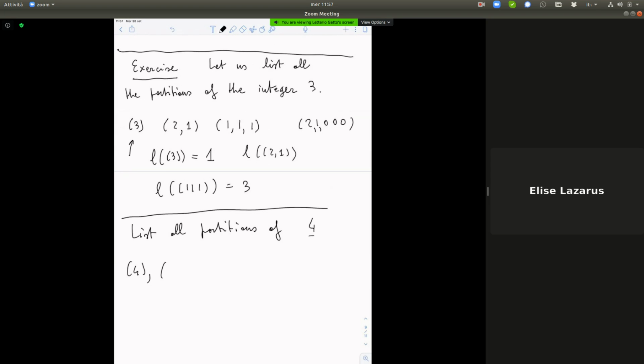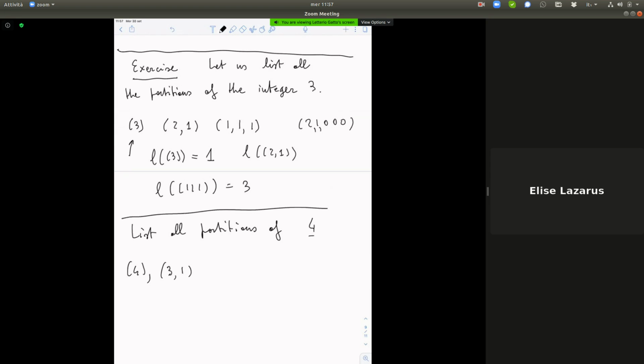We can do that, but if we don't use some rule to organize the data, we may forget some. So, 2, 2 is okay, but I would put 3, 1 before it. I lower the first number, and then I try to put what I miss.